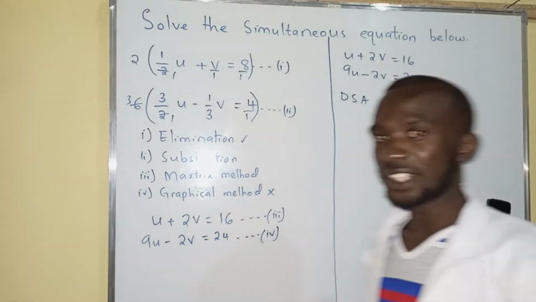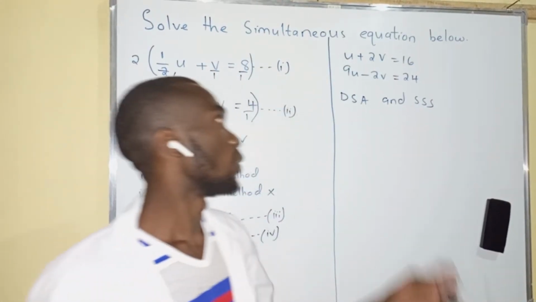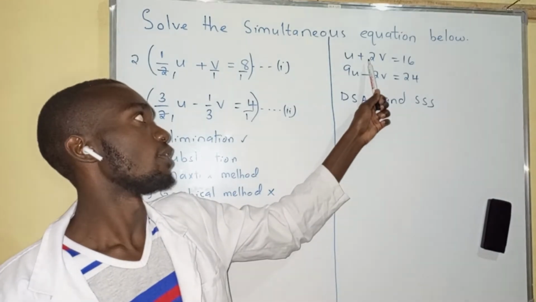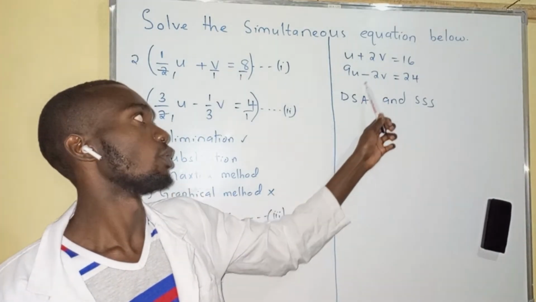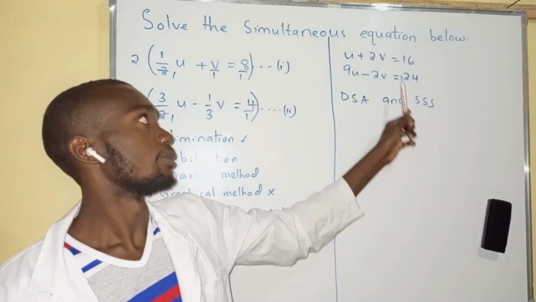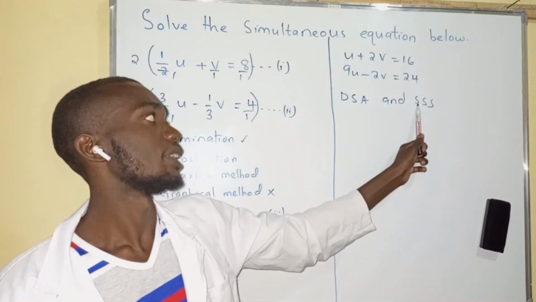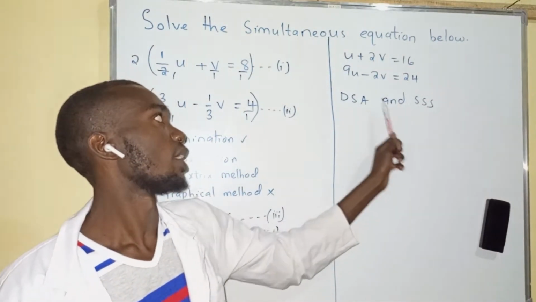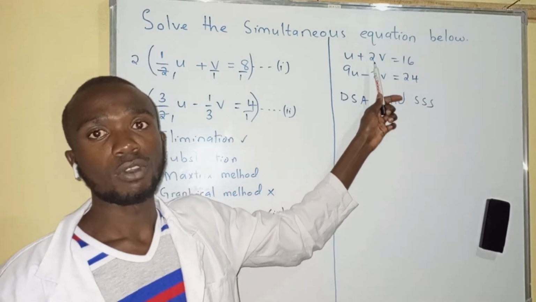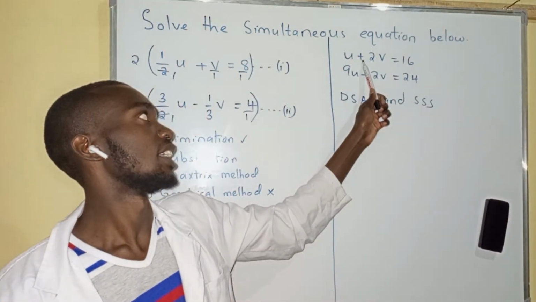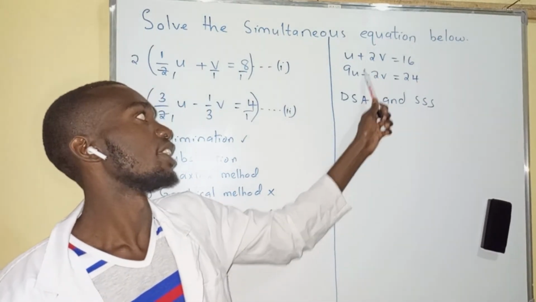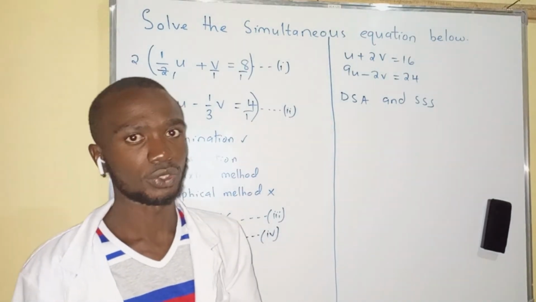What does different sign add mean? When the signs before the coefficients are different, you add the two equations. But when the signs before the coefficients are the same, you subtract. Now the sign before v is plus in one and minus in the other. These are different signs, so I'm going to add the two equations.